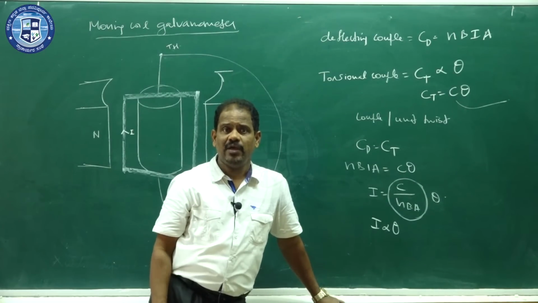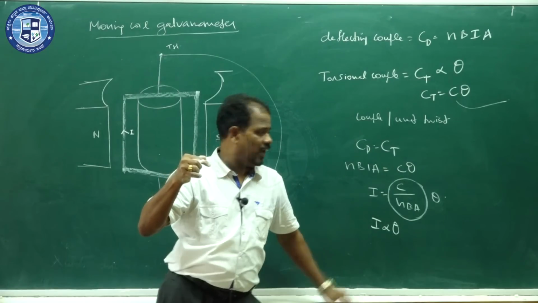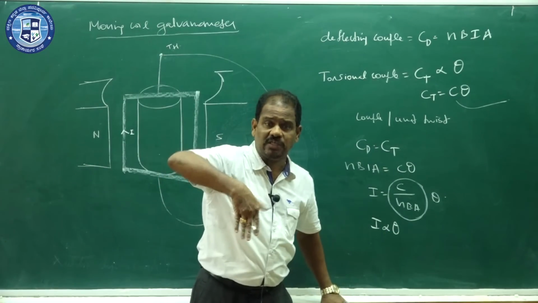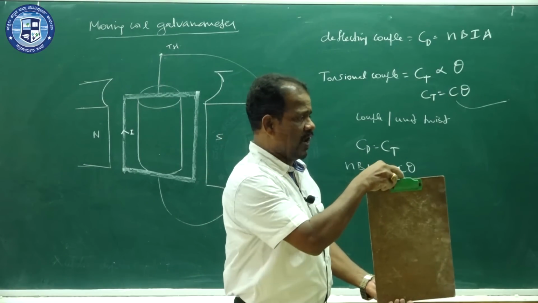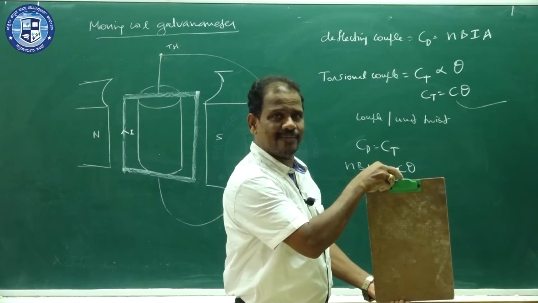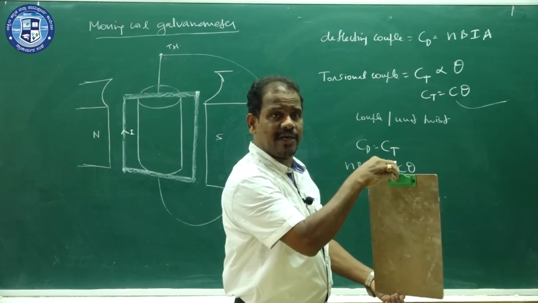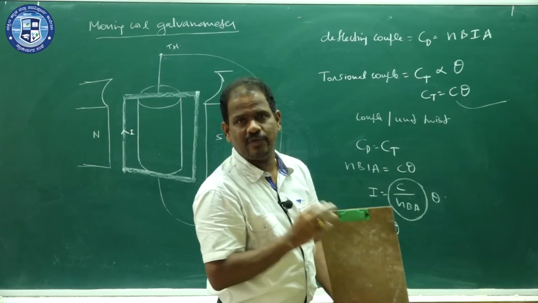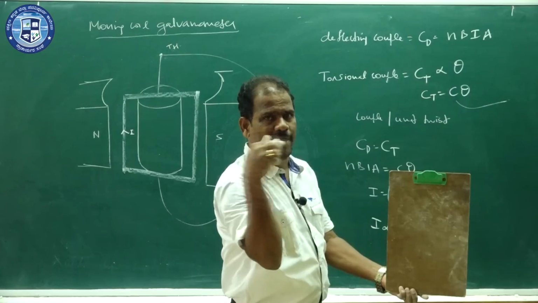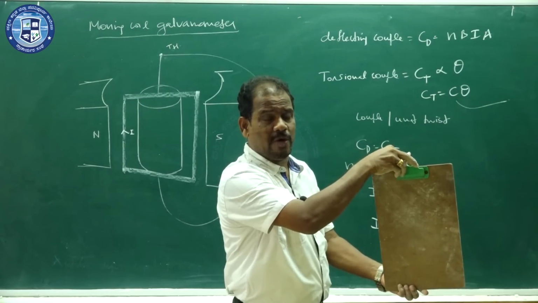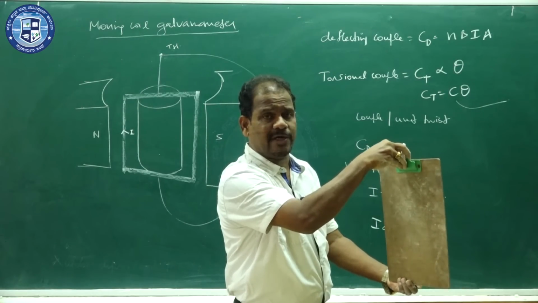What is I? The current you pass in a moving coil galvanometer. And what is theta? How much the coil turns. When I pass 1 amp current, if the coil turns by 30 degree, 2 amp current 60 degree, 3 amp current 90 degree. Or if 1 amp current gives 7 degree, 2 amp current 14 degree, 3 amp current 21 degree, 4 amp current 28 degree.